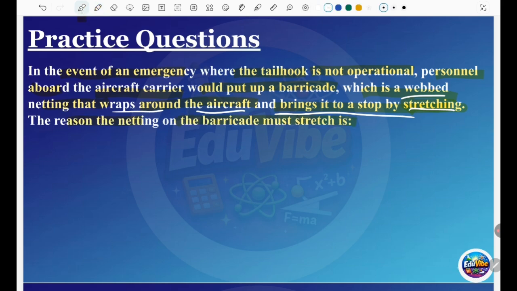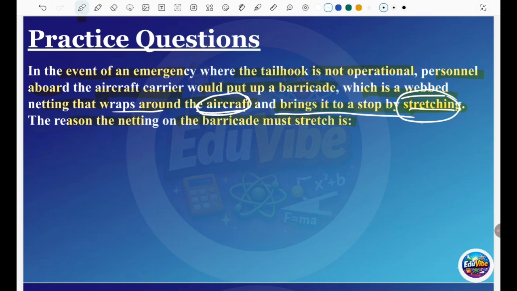If there is stretching, it increases the time, and that decreases the force on the aircraft. That's why they put in a stretching net, to minimize the force.